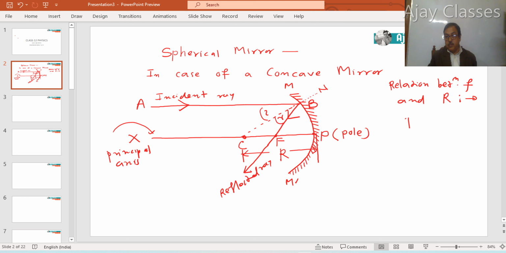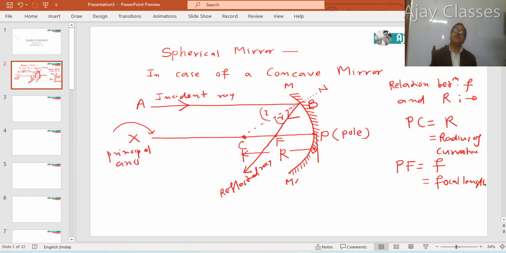So P to C is taken as R, the radius of curvature, and P to F is equal to the focal length of the concave mirror. The relation between these two is that f is equal to R by 2.